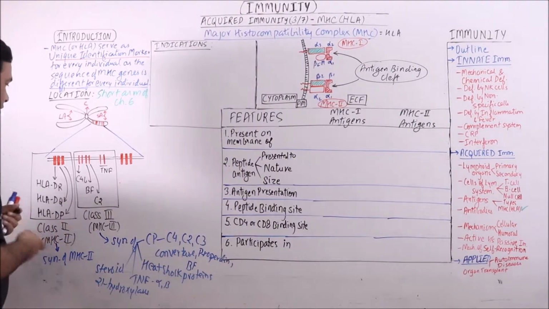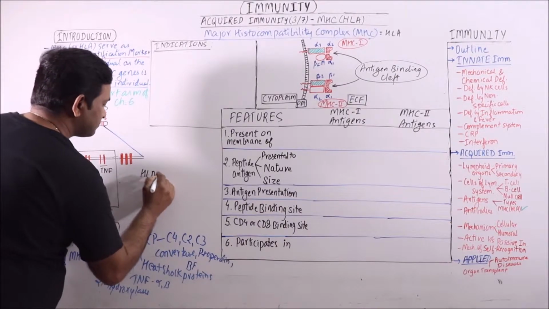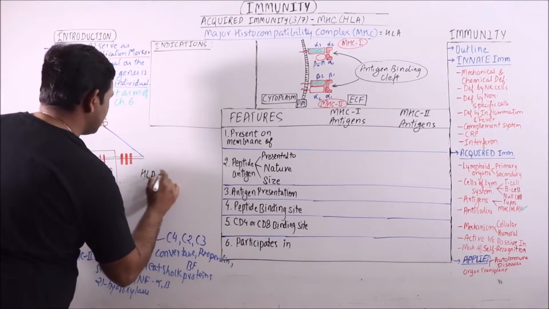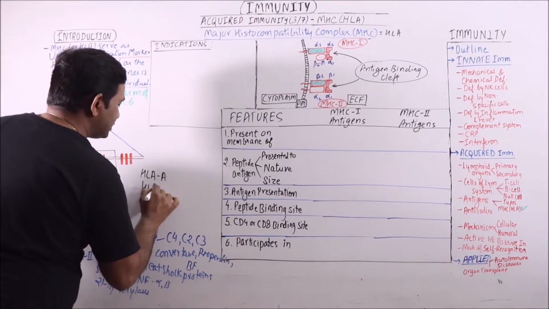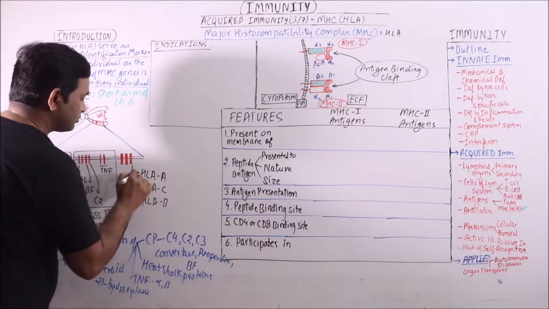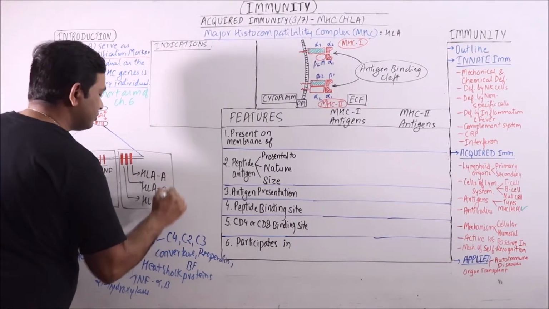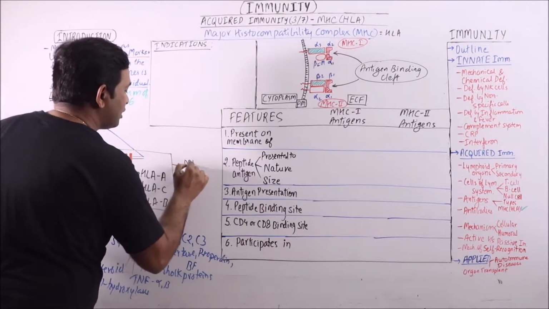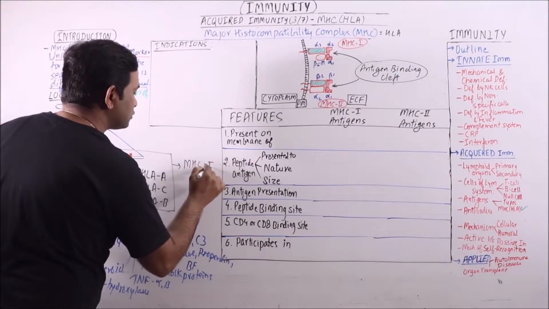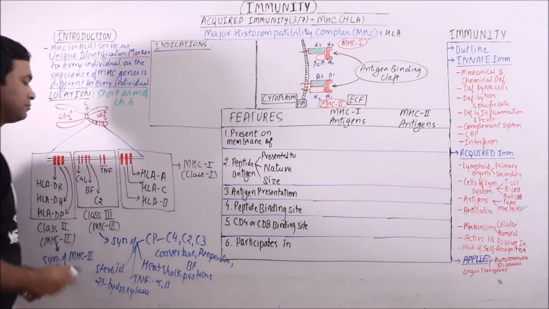Now the next complex is HLA-A, HLA-C, HLA-B. These are collectively termed as MHC class 1 or class 1 MHC complex.